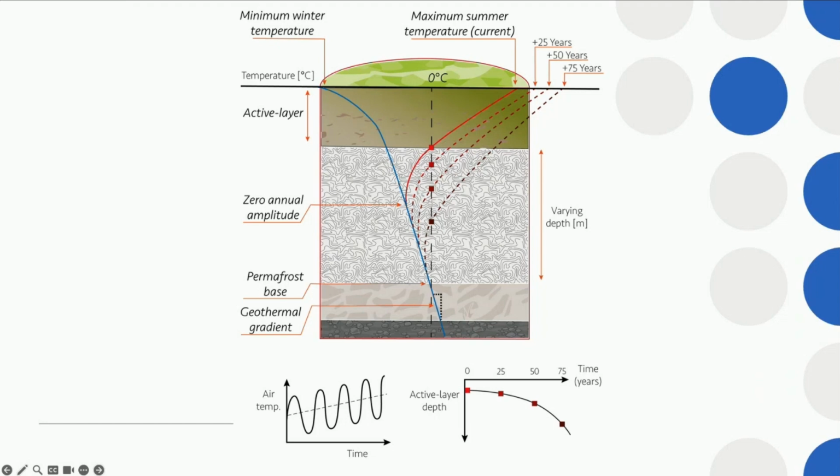In order to study this active layer deepening, you can use heat transfer models to simulate how temperature propagates through the permafrost. We have these heat transfer models, but we need to accurately parameterize these models before we can start our simulation.